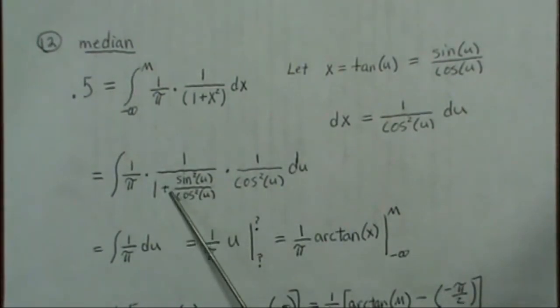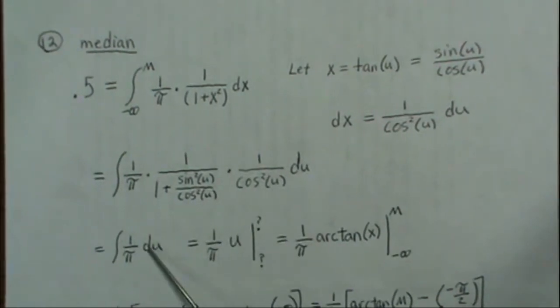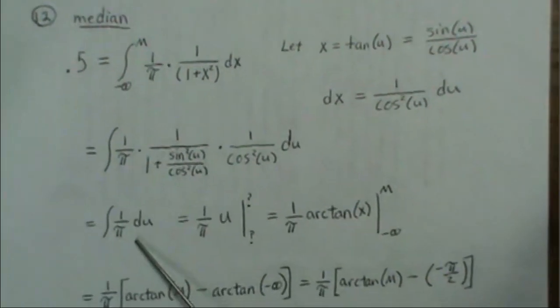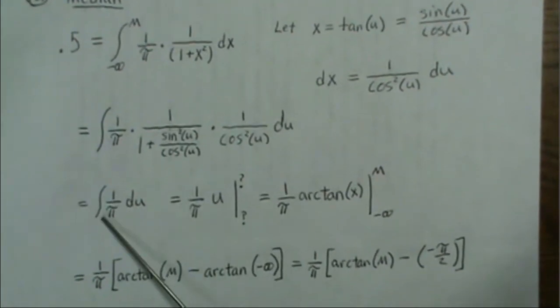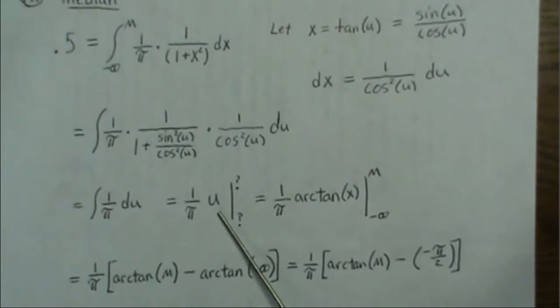Then you can combine this fraction into cosine squared plus sine squared, which is 1 over cosine squared. Invert, multiply, those cancel, leaving just 1 over pi. So then the integral of that is 1 over pi u, but I didn't put the limits of integration.